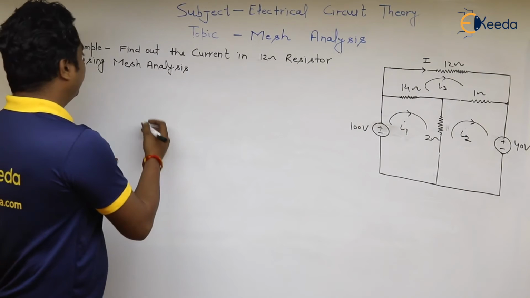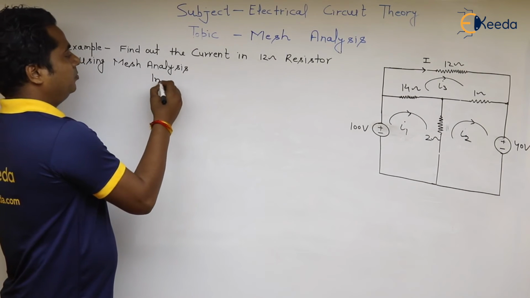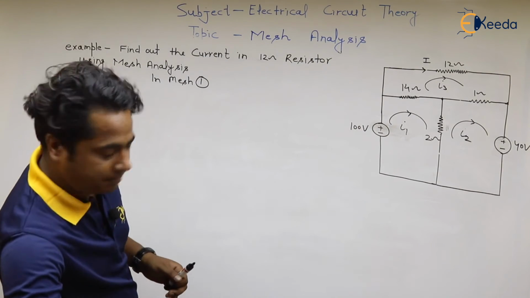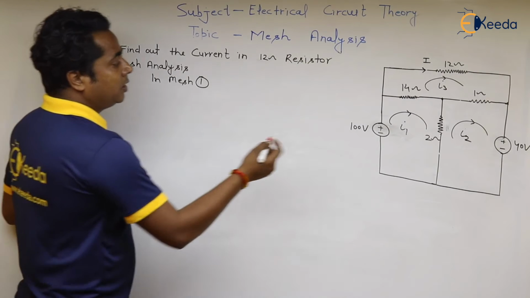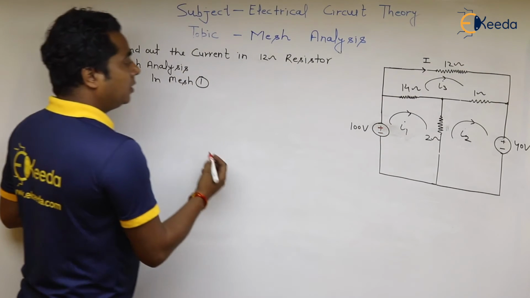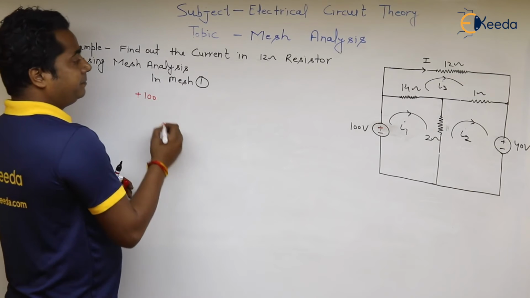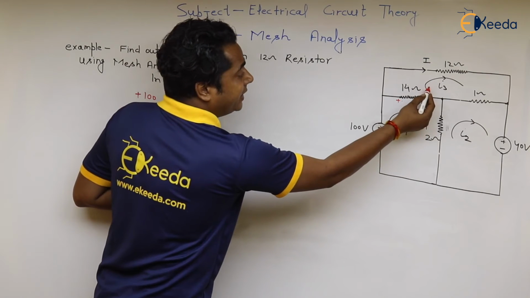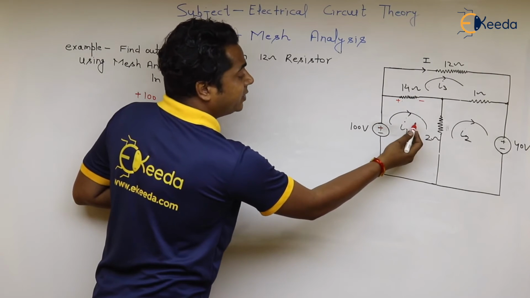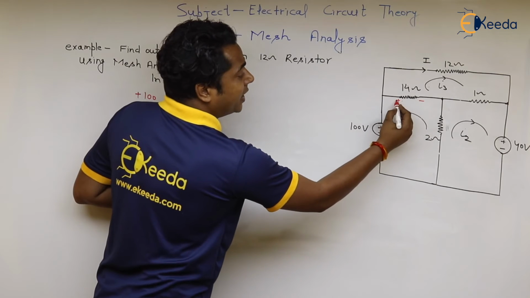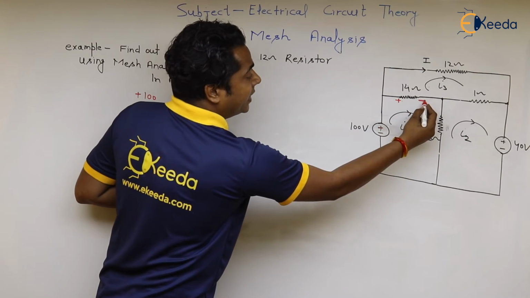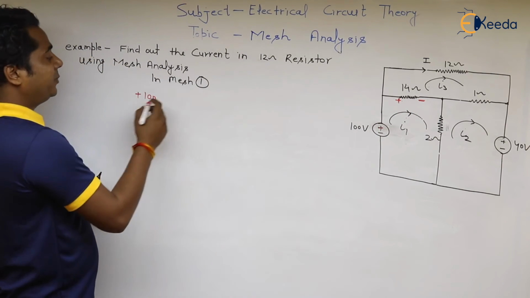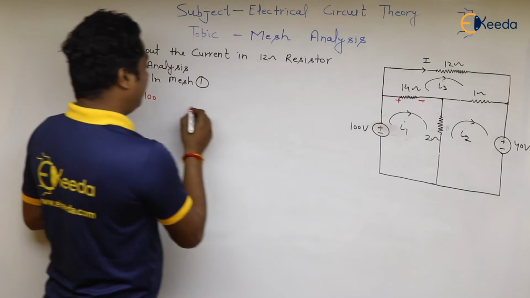So in mesh number 1, this is minus plus, so plus 100. In the 14 ohm resistor there are two currents flowing, I1 and I3, and we are applying KVL in mesh number 1. So I1 would be greater than I3, so the current direction will be like this, and the voltage drop plus sign will be here and minus sign will be here.